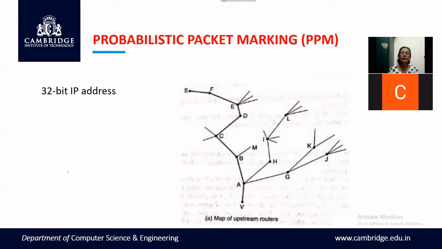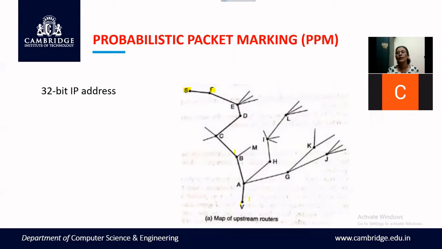If you go on adding these 32-bit addresses to the packet, say your packet is moving from S to V along this path. Once the packet moves from S to F, the IP address S, that is 32 bits or 4 bytes of information, gets added.